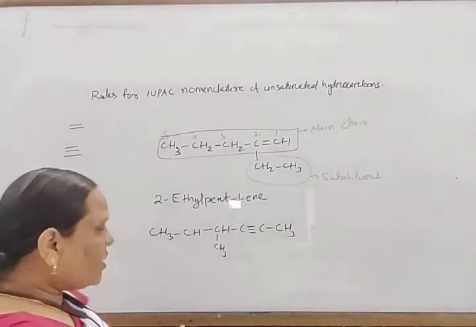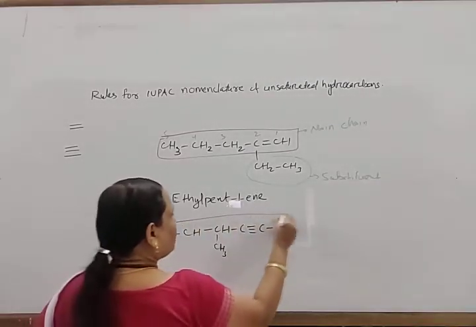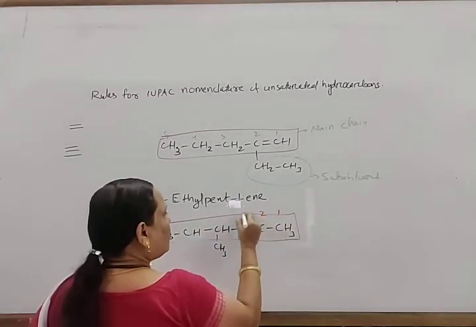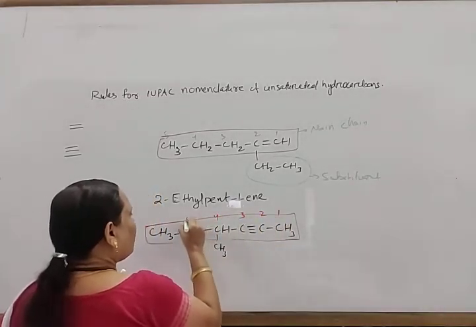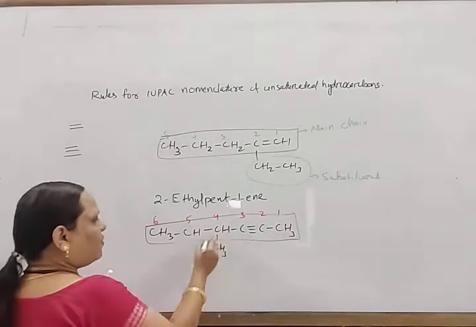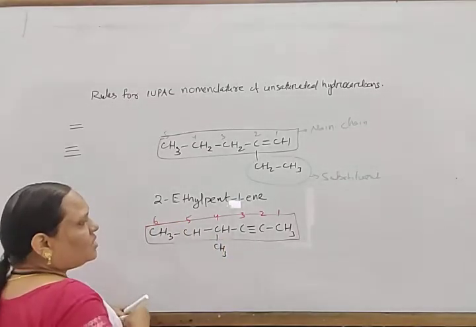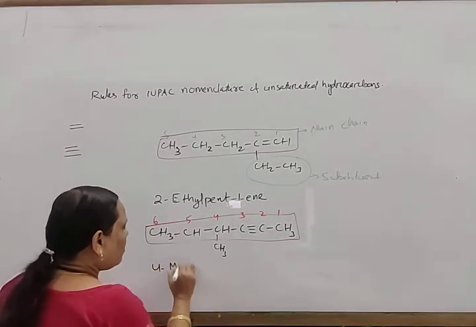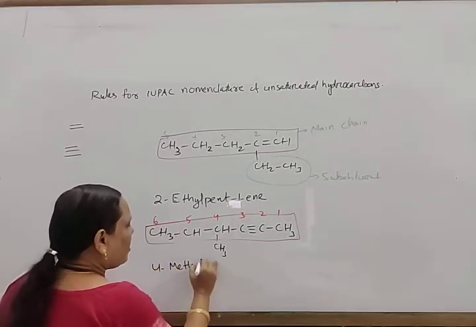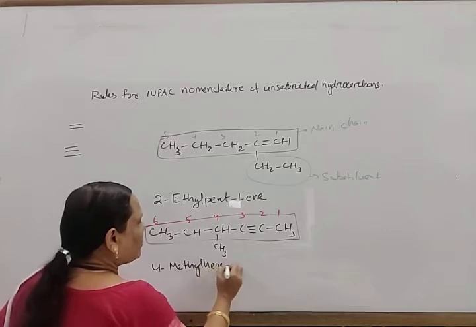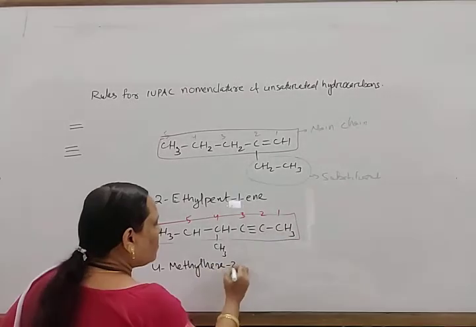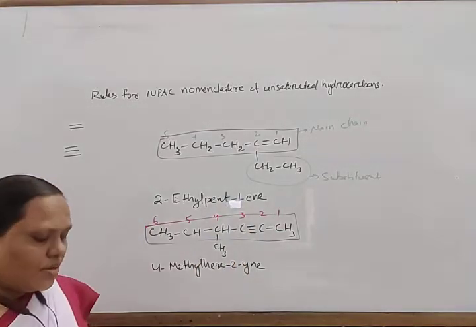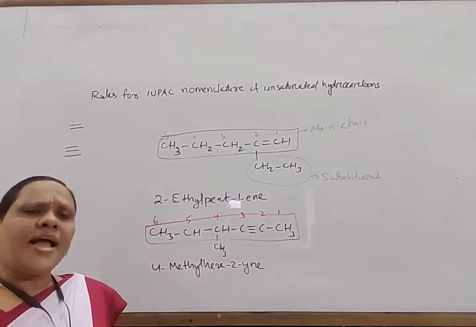So the numbering is 1, 2, 3, 4, 5, 6, and 4 methyl is there. So the name of this compound is 4-methylhex-2-yne. In this way you have to name the compound.